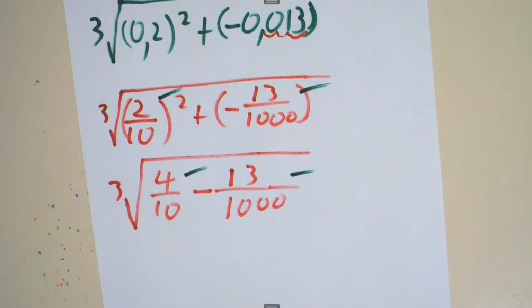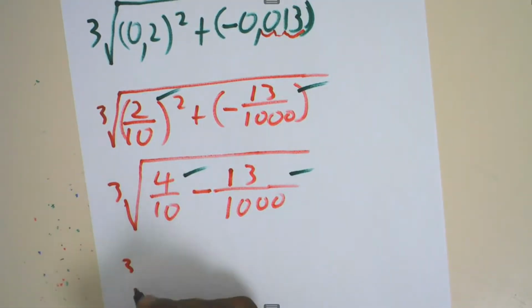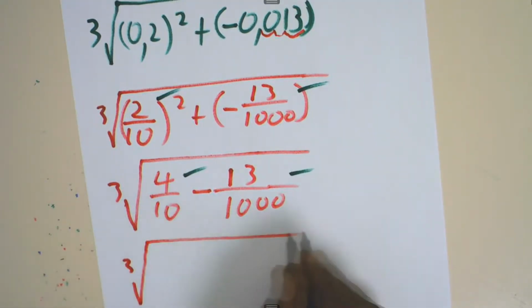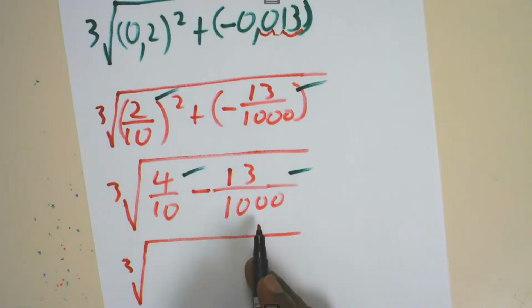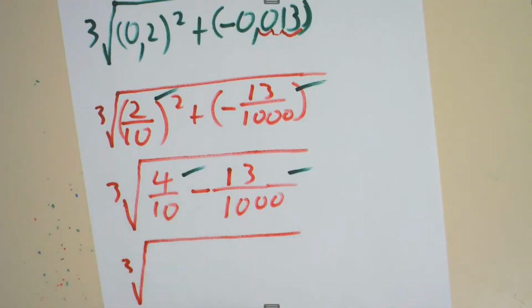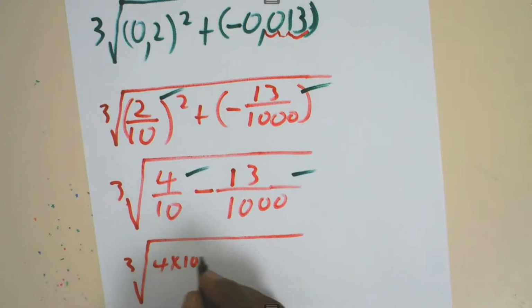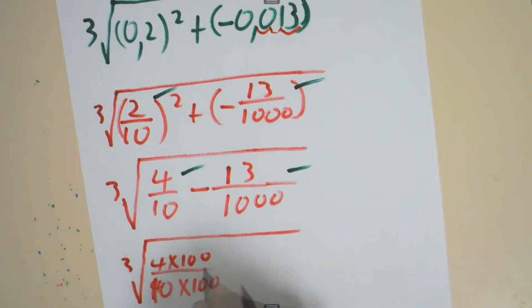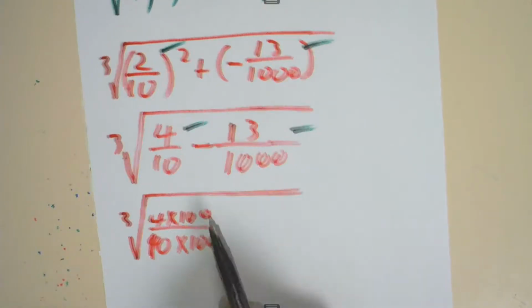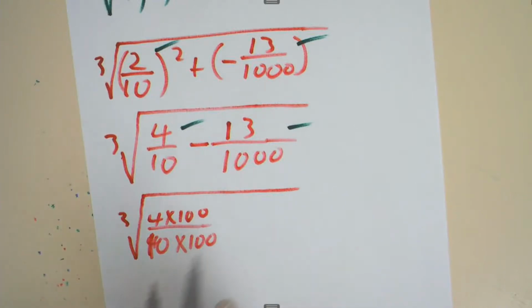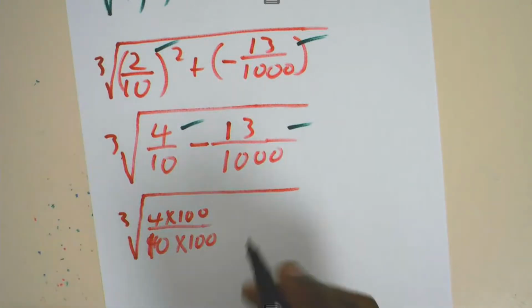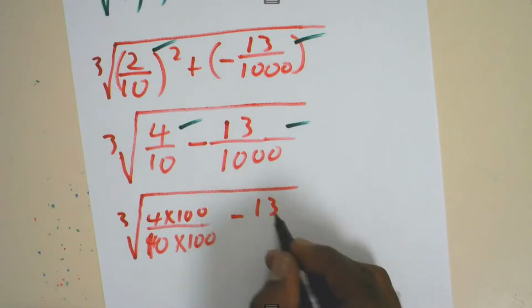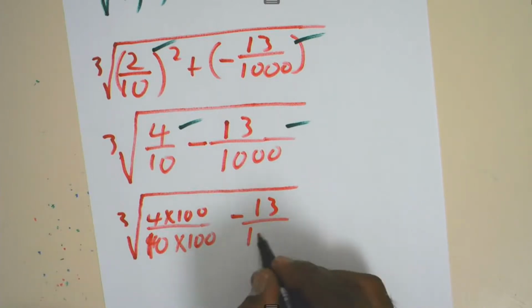Our LCM now. 1,000 divided by 10 gives you 100. Therefore, you're going to multiply numerator and denominator by 100, because 100 divided by 100 is a 1.